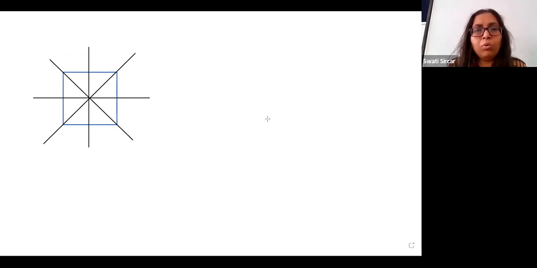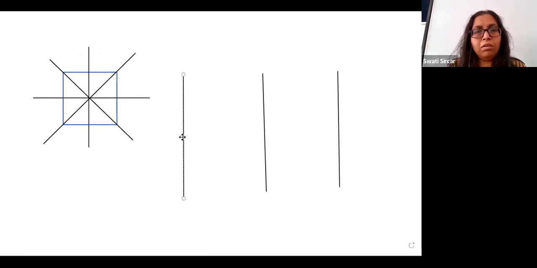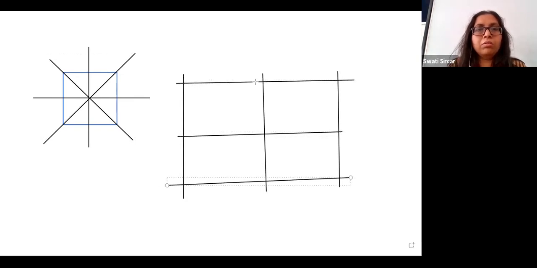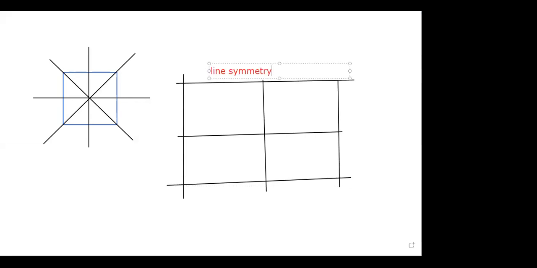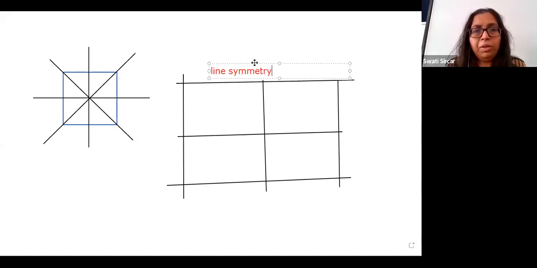So what I'm going to do is make a box. Here I will mention whether they have line symmetry or not.